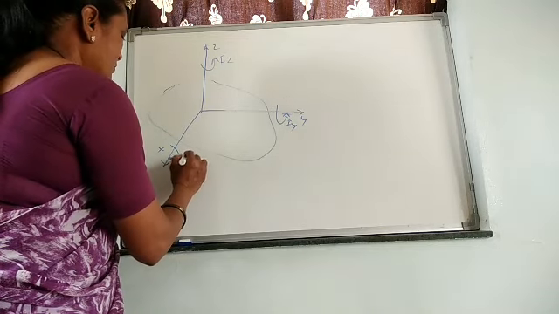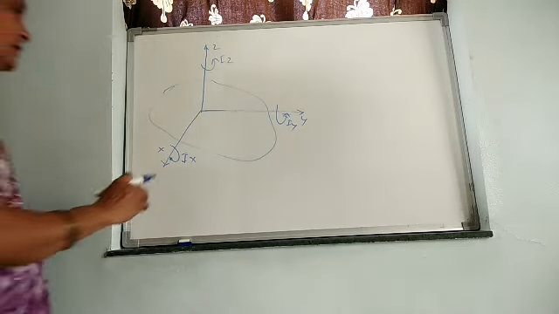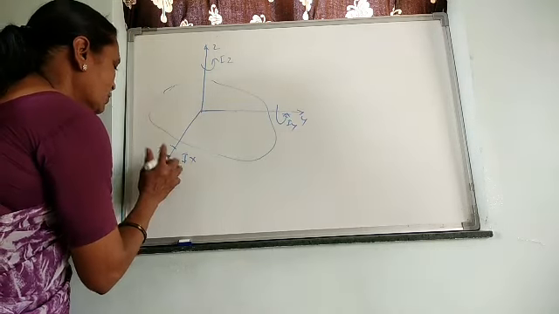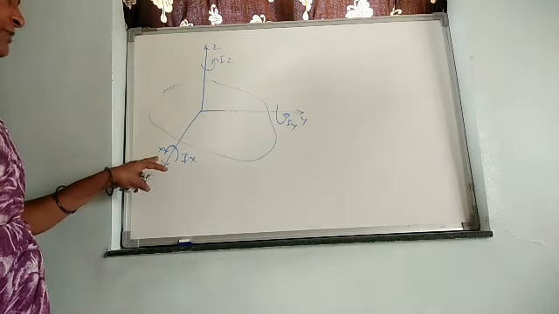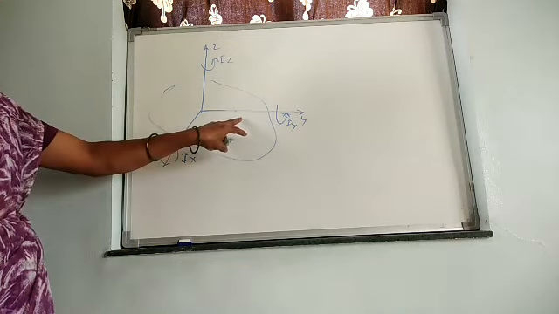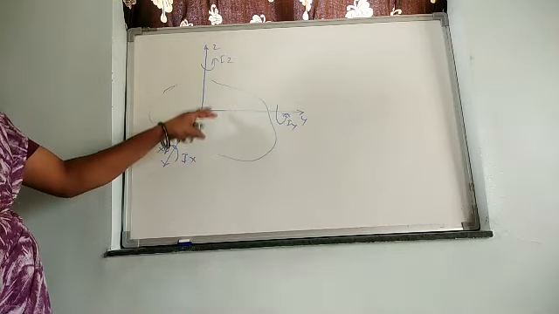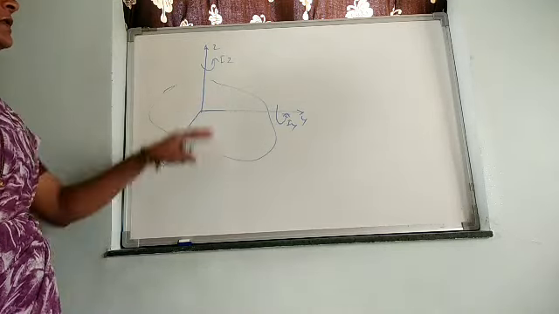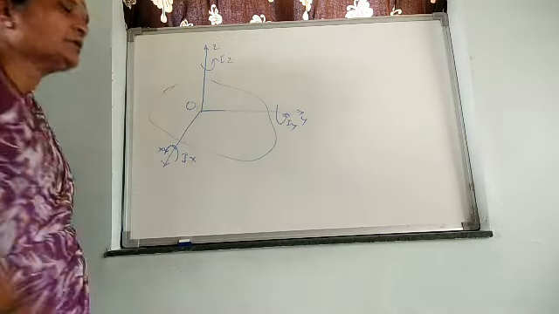Ix, Iy and Iz are the moments of inertia about the x-axis, y-axis and z-axis respectively. Here, these three axes are concurrent at point O.